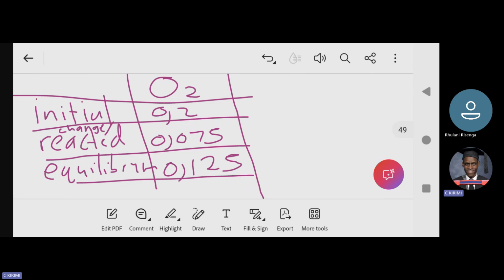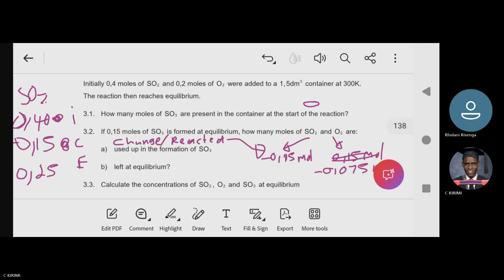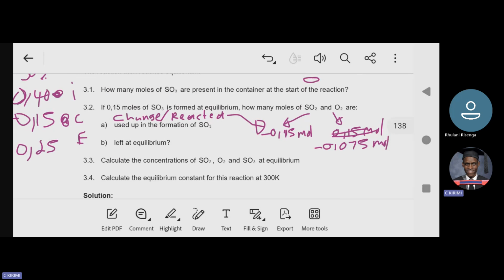That's why it's change or reacted; for change, we are adding, only for the product. And then we have indicated the ones which are left at equilibrium.